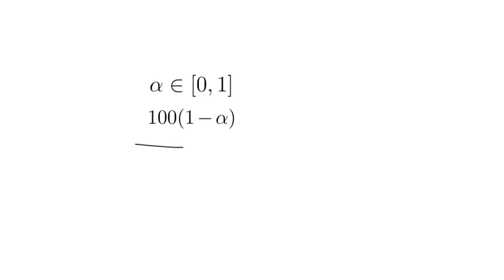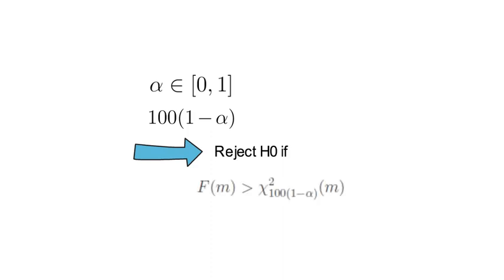You reject H0 at a 100 times (1 minus alpha) confidence level if the realized F of m is larger than the 100 times (1 minus alpha) percentile of the chi-square distribution with m degrees of freedom. Otherwise, you fail to reject H0. So the decision rule is equivalent to rejecting H0 if the respective p-value is smaller than alpha.